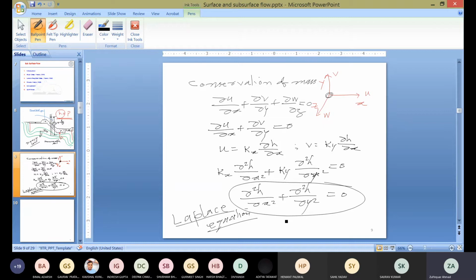Here h is a function of x and y. If you solve it, we can get the piezometric head at any value of x and y.